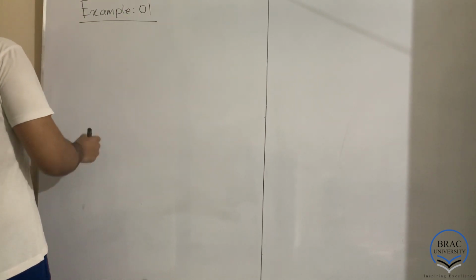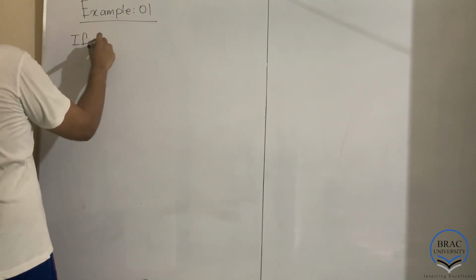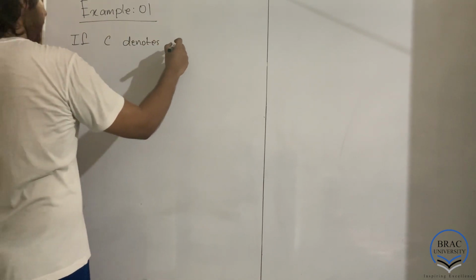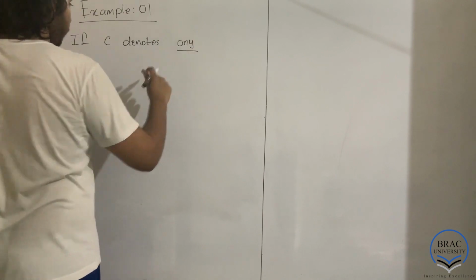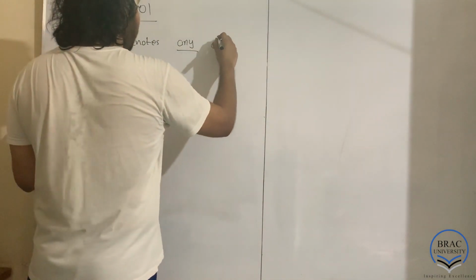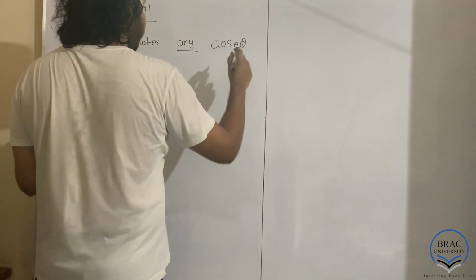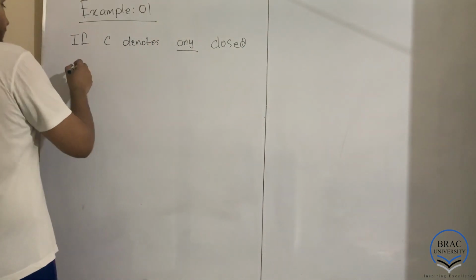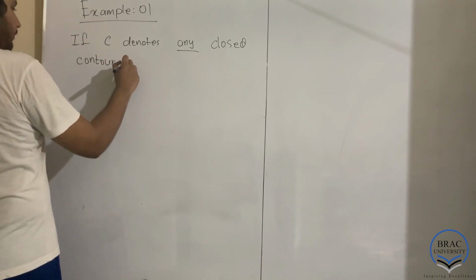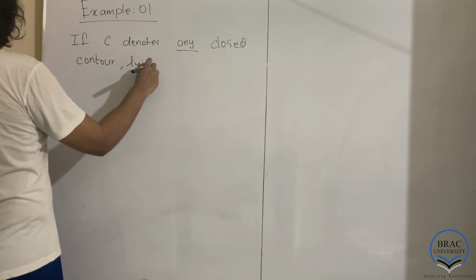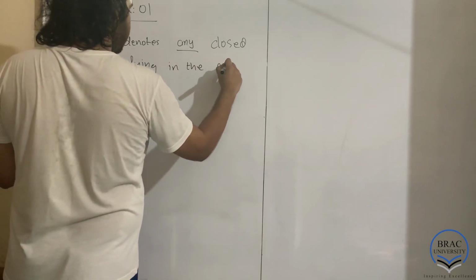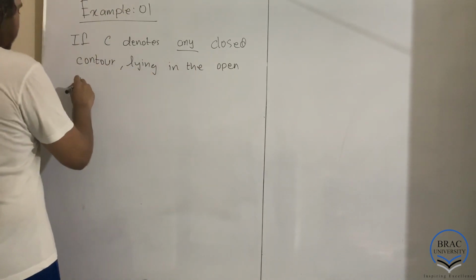Example 1. If C denotes any closed contour lying in the open disk, modulus of z less than 2... They have not specified what contour to use. Any closed contour, okay? Remember, the Cauchy-Goursat theorem works for any closed contour.